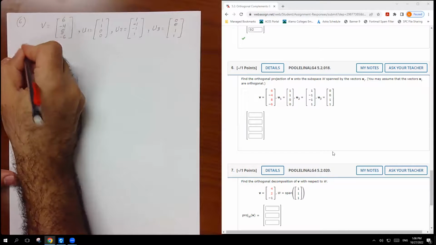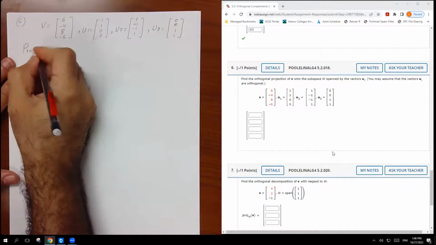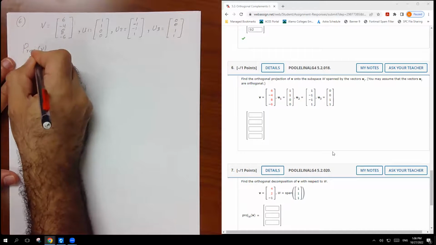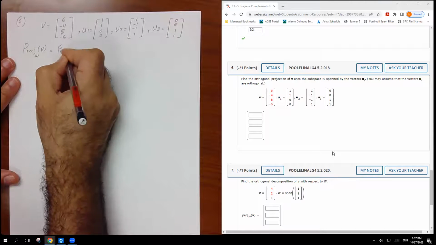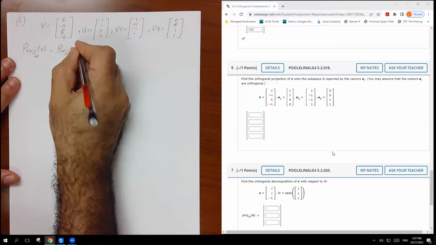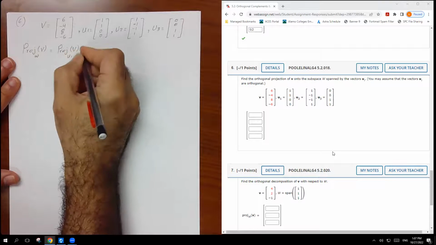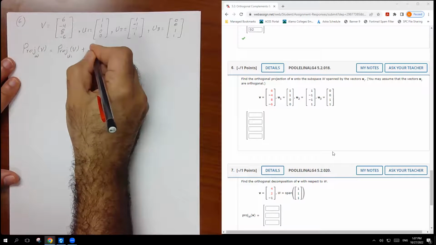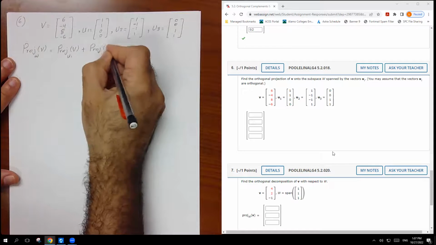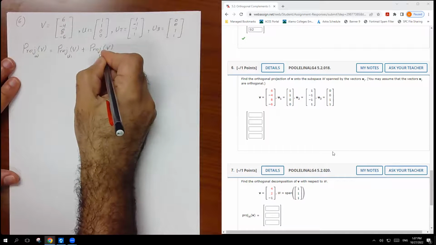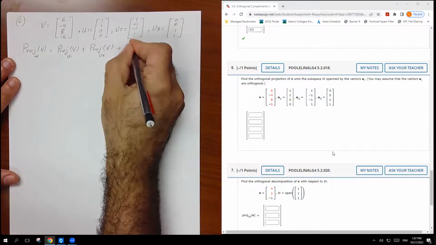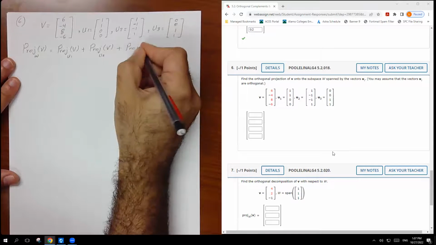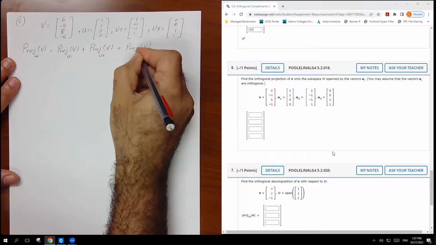So the projection of V onto W is going to be the projection of V onto U1, plus the projection of V onto U2, and plus the projection of V onto U3.